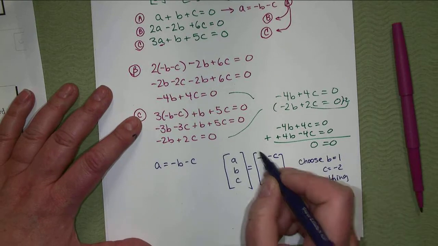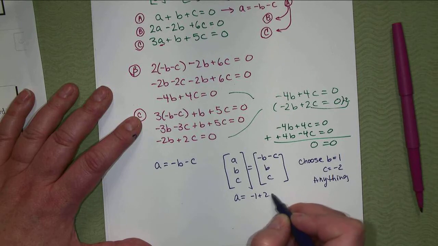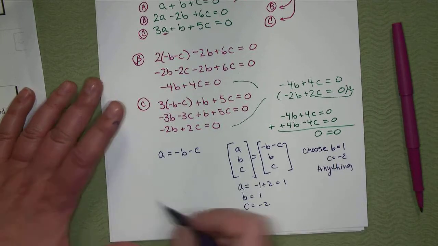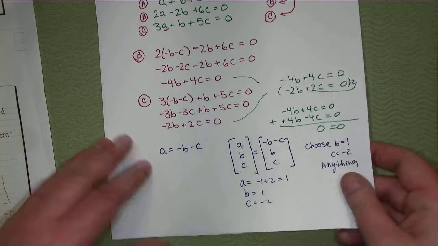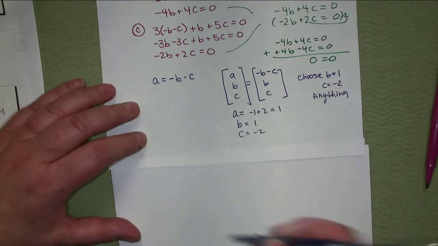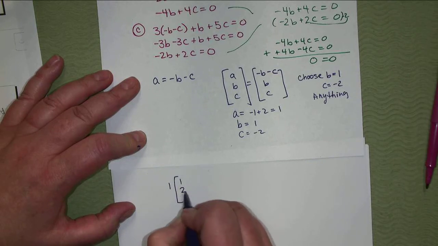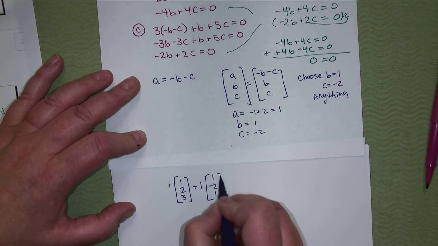So if we plug them in, we would get A is minus 1 plus 2 is 1. B is 1, and C is negative 2. And then we try it. So back way up to the top to our linear combination, I'm saying A is 1, B is 1, and C is negative 2 will work.